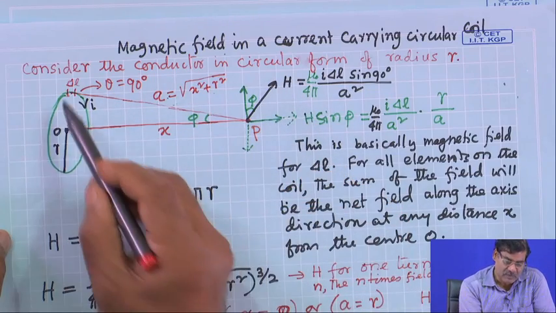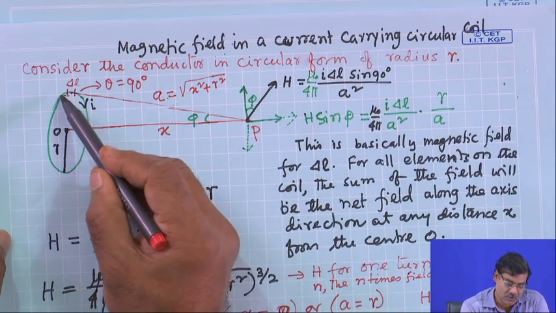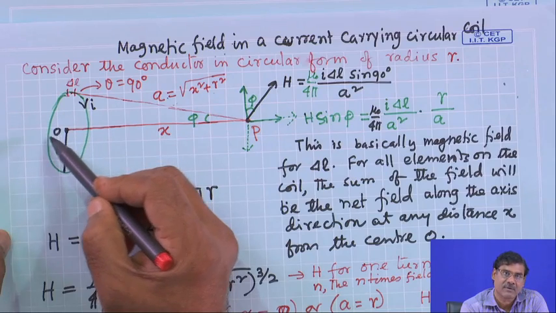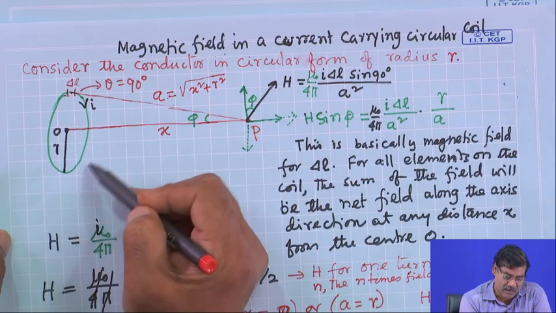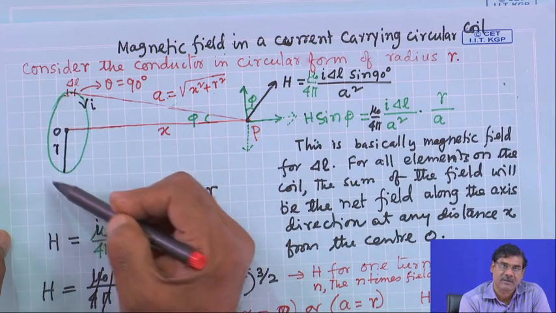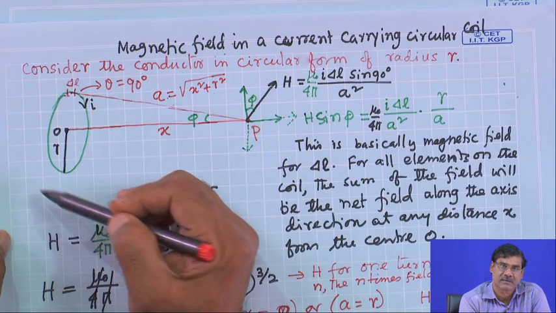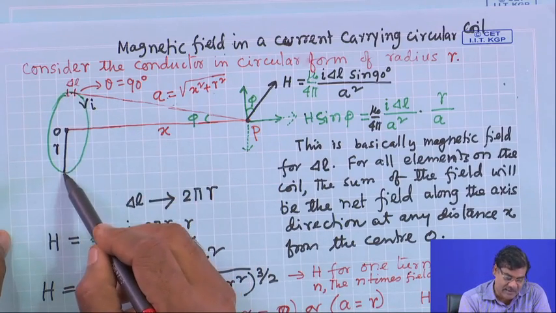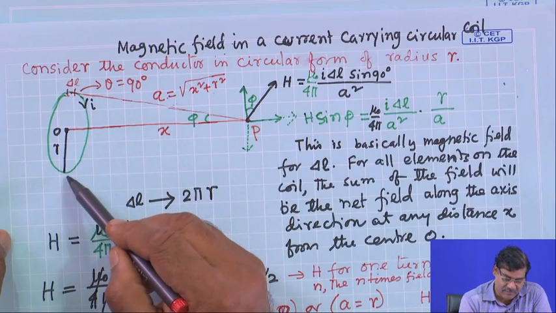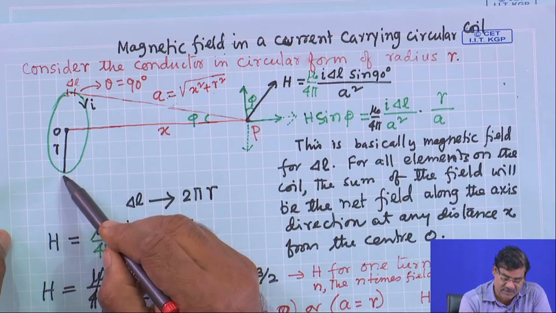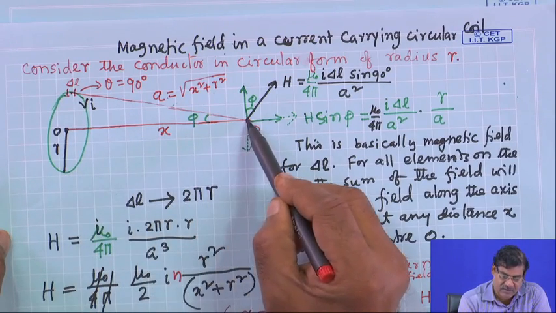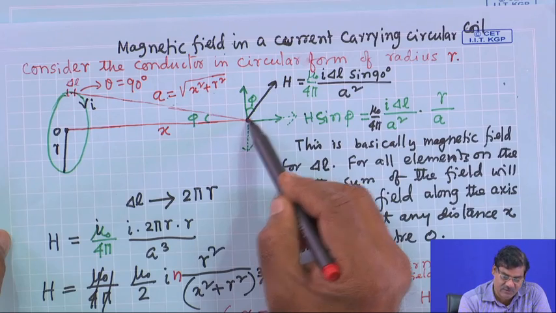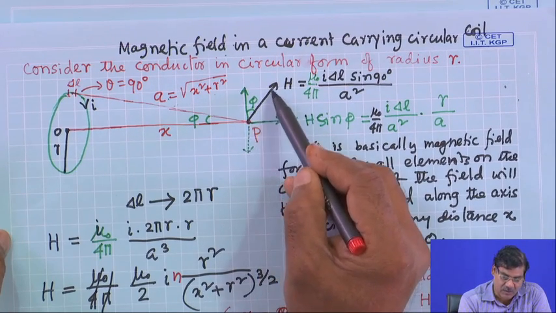Now, it has symmetry. So, you can take a small element on this coil, and there is another element just opposite to that. If you find out the magnetic field, the magnitude will be the same, but the direction will be just opposite to it.